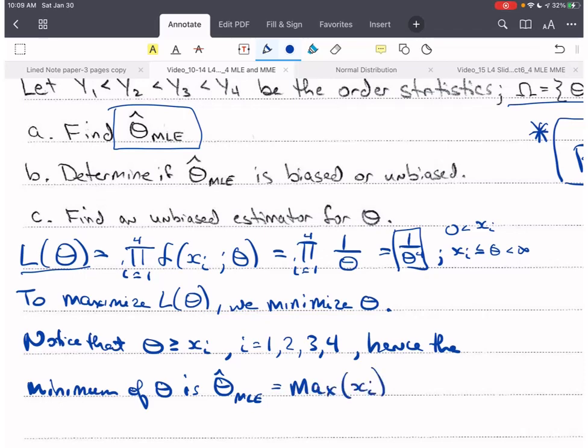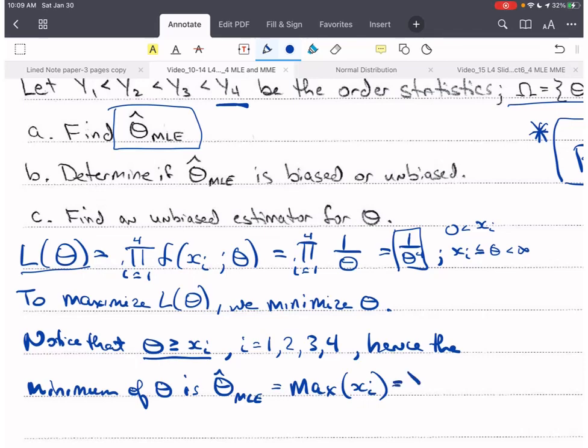It has to be bigger than all x_i. What's the largest x_i? Well, it's going to be y4. The maximum value of x_i is the largest order statistic here.